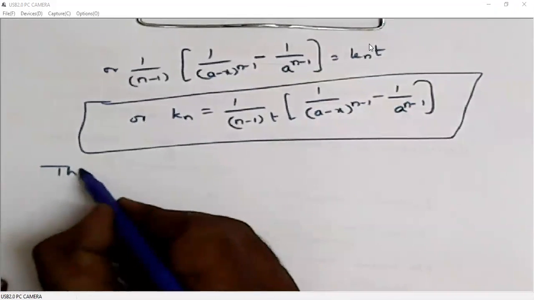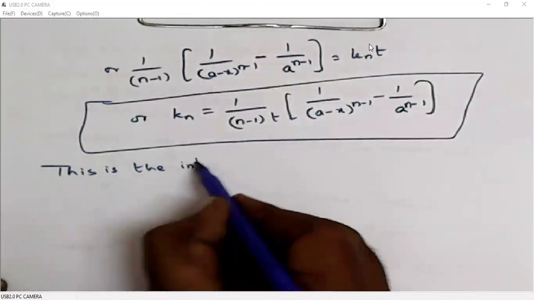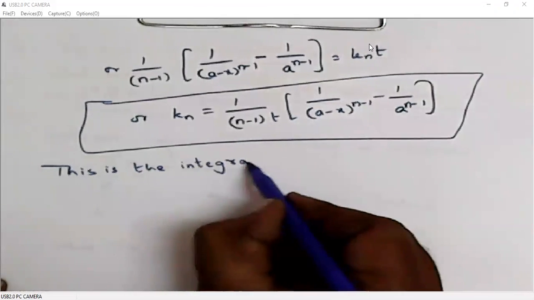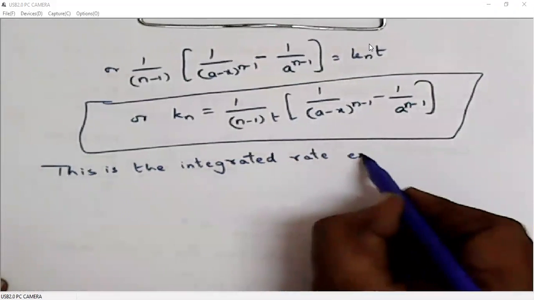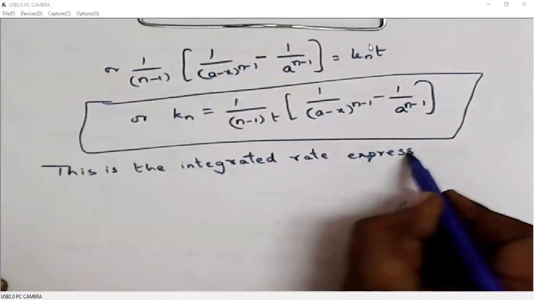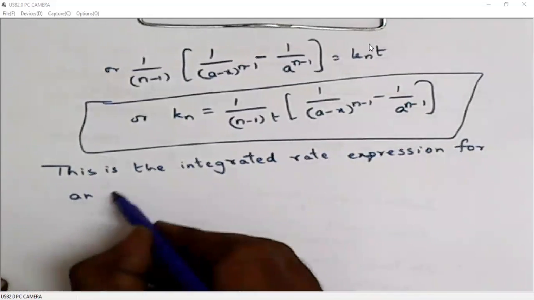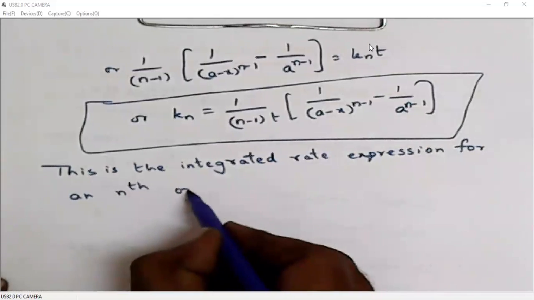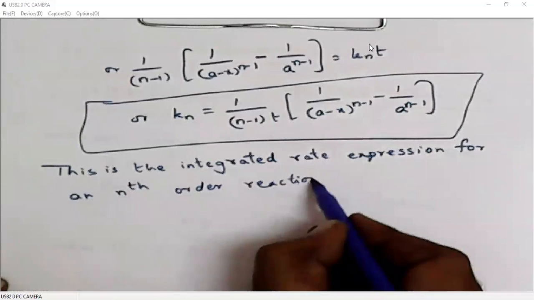This is the integrated rate expression for an nth order reaction. What is the expression?